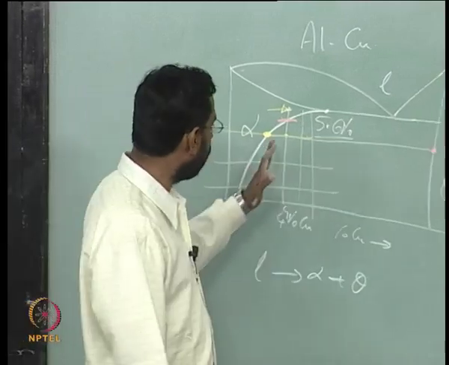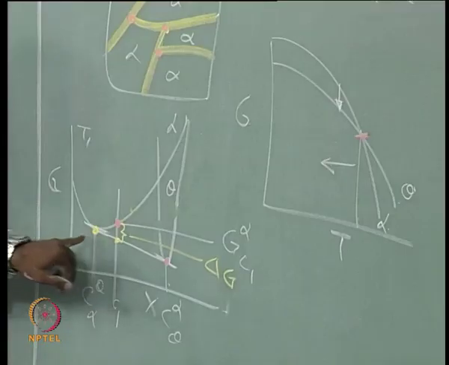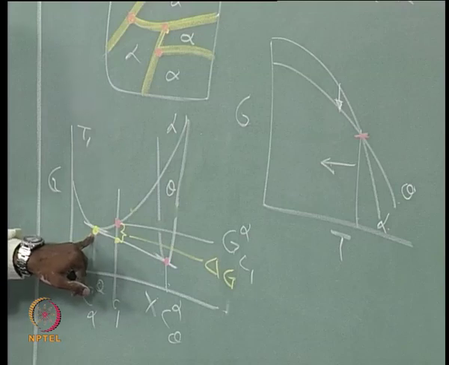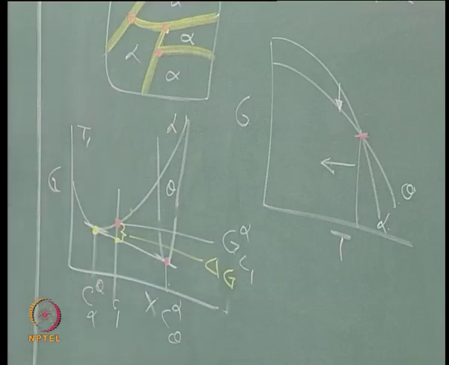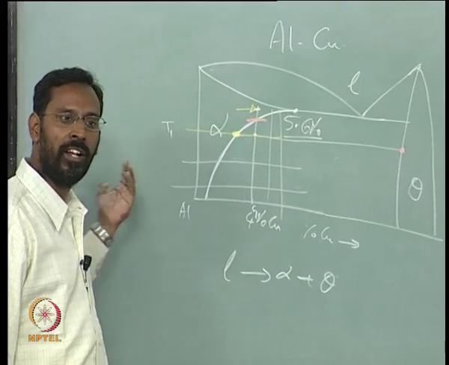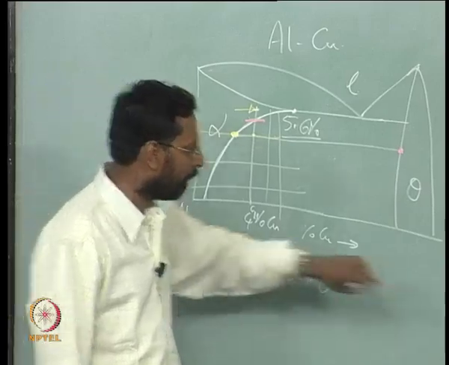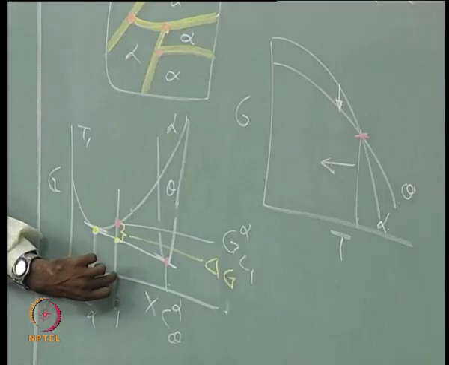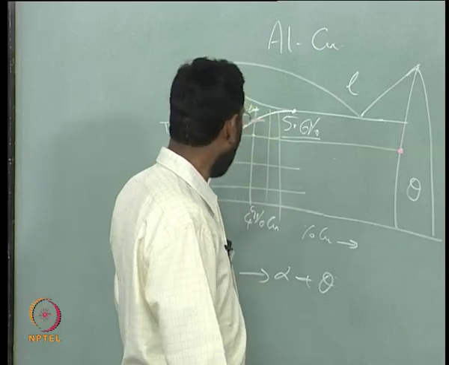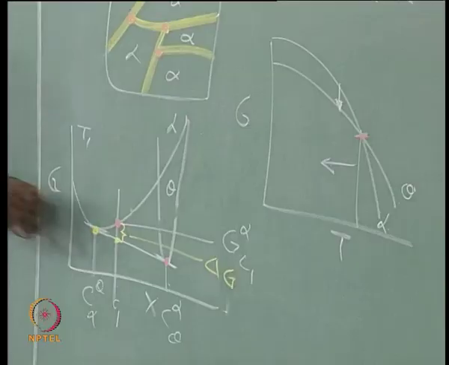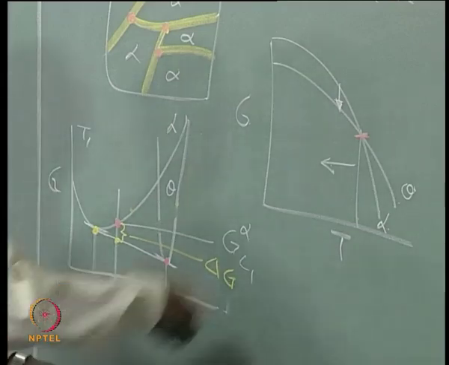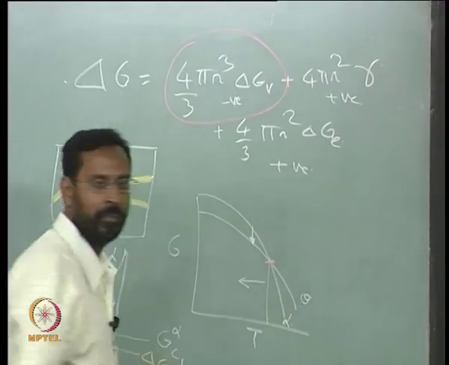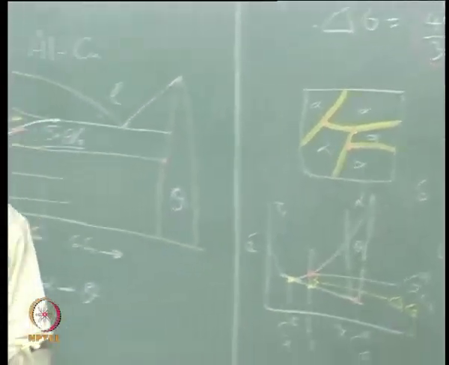You would see that the equilibrium composition of alpha in equilibrium with theta shifts to the left, to such an extent that the difference between your alloy composition and the composition of alpha keeps on increasing. If that increases, the driving force will increase. This is all the driving force that you have.